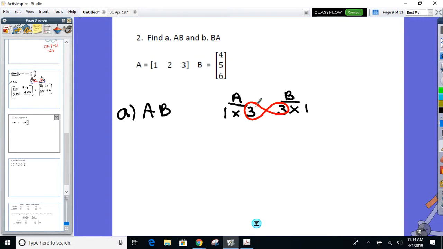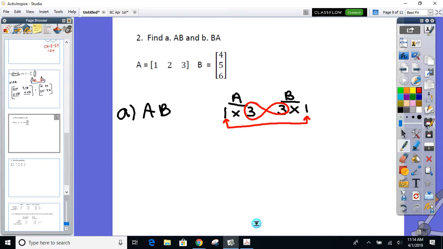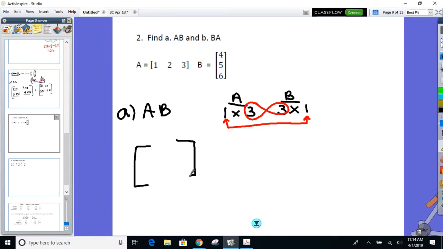Now this is strange. Look at the 2 outside numbers. The final matrix is going to be 1 by 1. One single number. How do you get that single number? This is why I'm going over this again. Row times column.